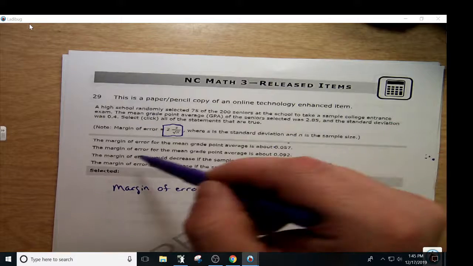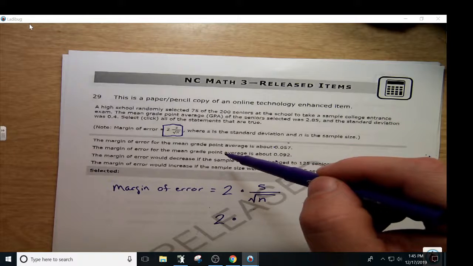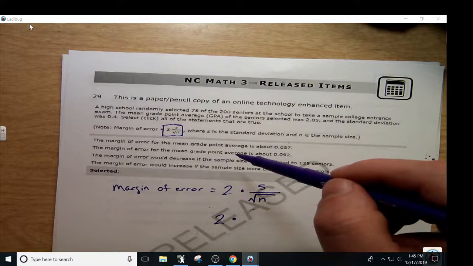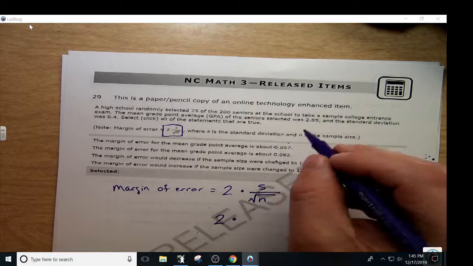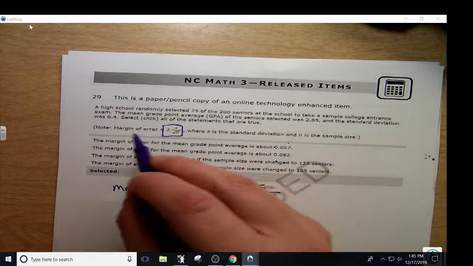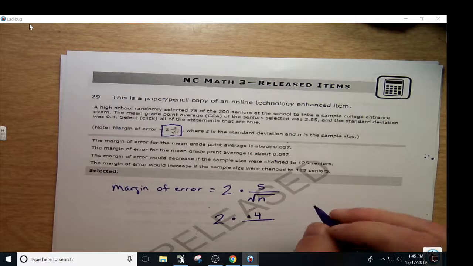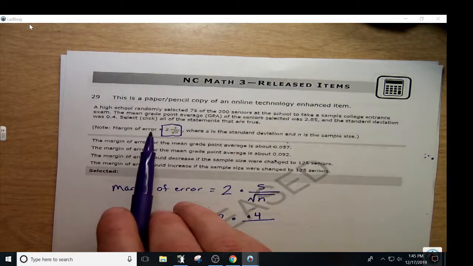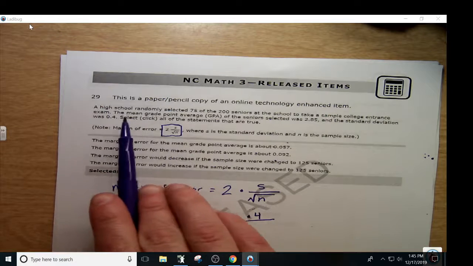All right, now notice the margin of error for the mean. Let's go ahead and put in S, which is 0.4, the standard deviation, divided by, and we've got to find our sample size. Our sample size was 75.